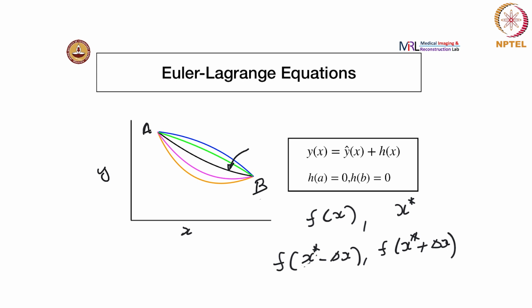So x star minus delta x and x star plus delta x. If you move either to the left or the right, then f of x, for f of x star minus delta x as well as f of x star plus delta x, and everything in between except for x star, will be greater than or equal to the value at f of x star.